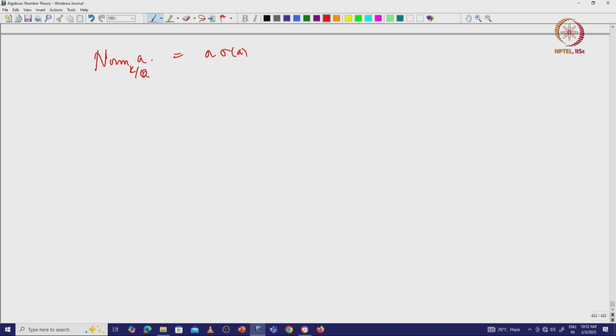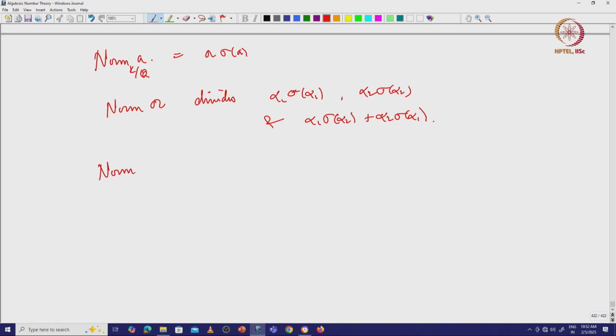So, in particular the norm of A divides alpha 1 sigma alpha 1, alpha 2 sigma alpha 2 and alpha 1 sigma alpha 2 plus alpha 2 sigma alpha 1, right. So, what you do is you divide out, so you take the norm from k to q of alpha divided by the norm from k to q of A.